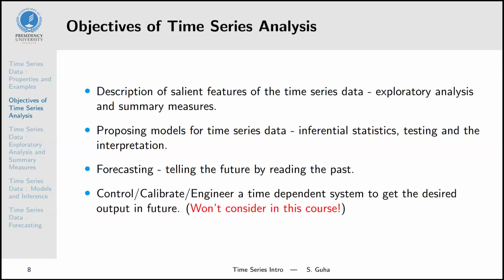And then another objective, but we won't be considering this objective in this course. That is calibrating or reverse engineering a time dependent system to get the desired output in future. So it's like I'm looking into time series data in a factory environment, and I have a predefined level within which I want to see the time series.